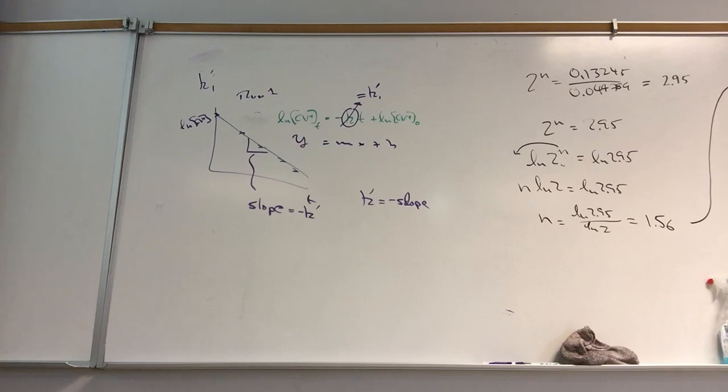And so from run 1, we can calculate K. K is going to equal K prime 1 divided by the hydroxide from run 1 to the 1.56 power. And from run 2, K is equal to K prime 2 divided by the hydroxide from run 2 to the 1.56 power.